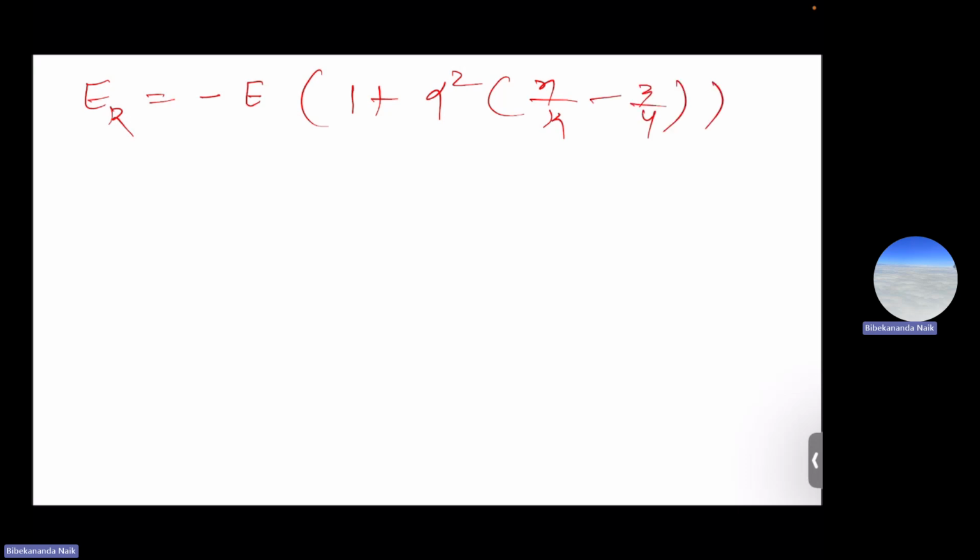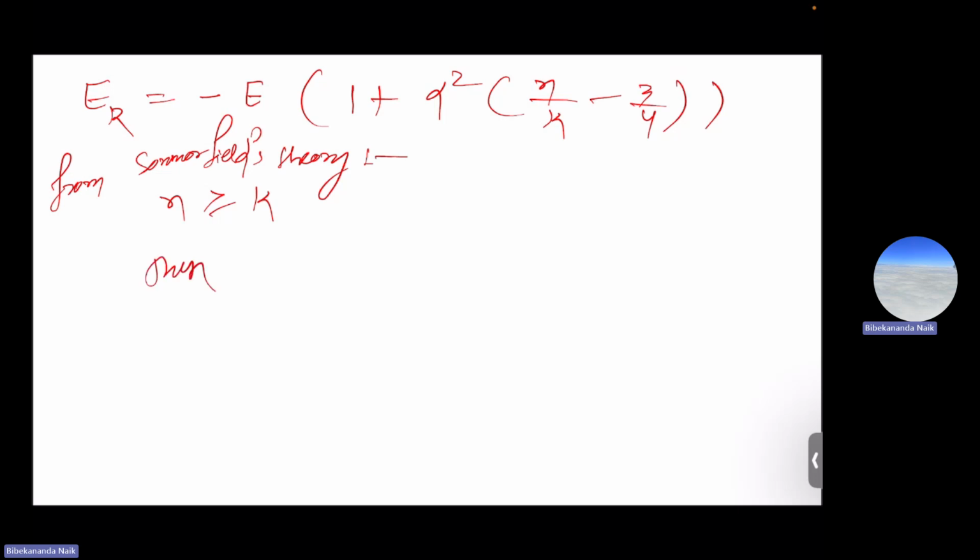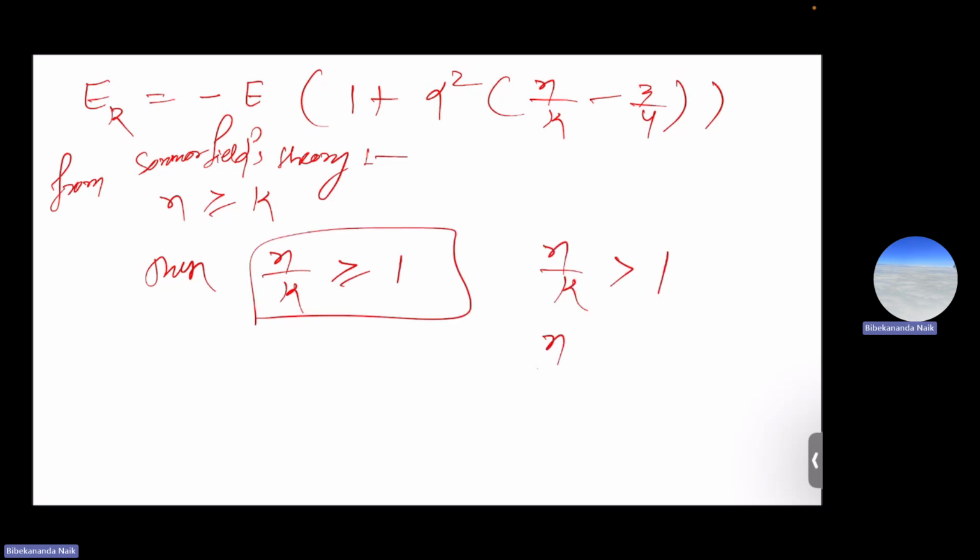Now according to Sommerfeld's theory, we know n is always greater than or equal to k. So n by k is greater than or equal to 1, that is, n by k will be greater than 1 or equal to 1.